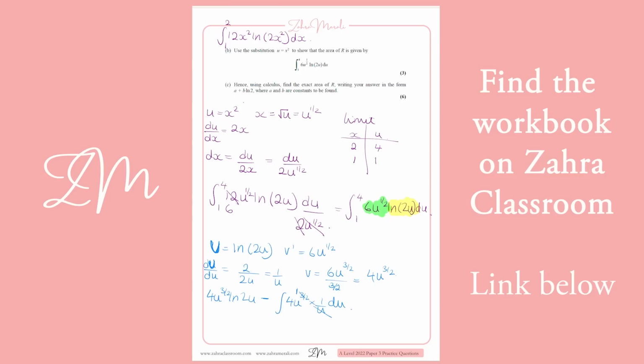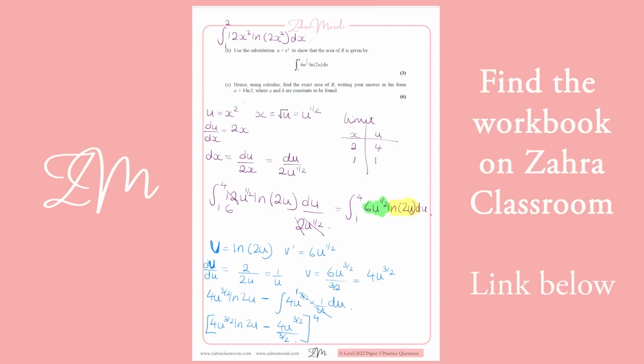So do that. And so the final integration, which we're going to stick values into, is going to be 4u to the 3 over 2 ln 2u minus, so add 1 to the power to make it 3 over 2, divide by 3 over 2, which is going to leave you with 4 over 9.